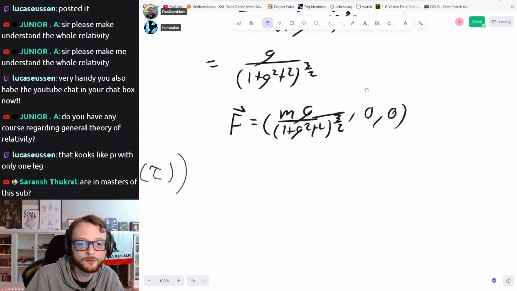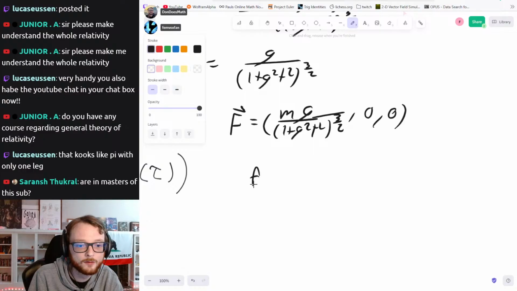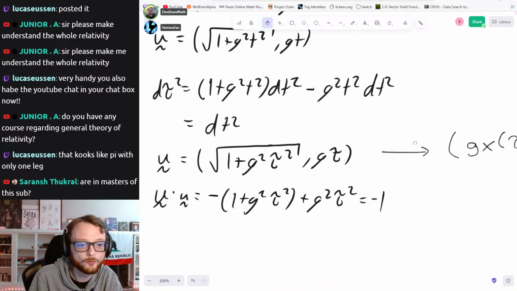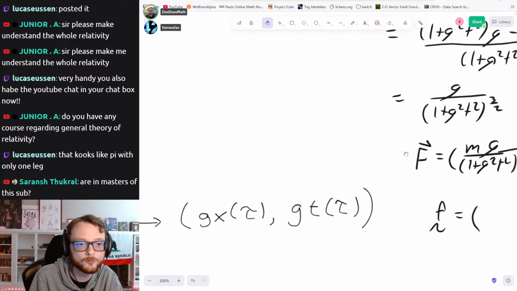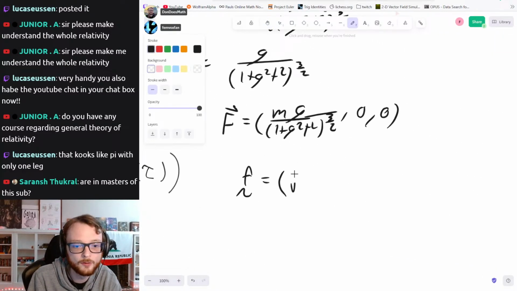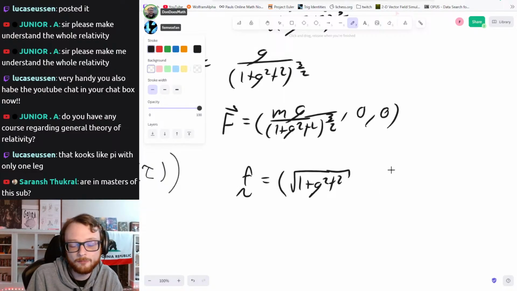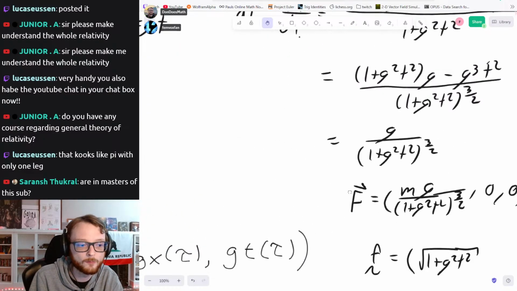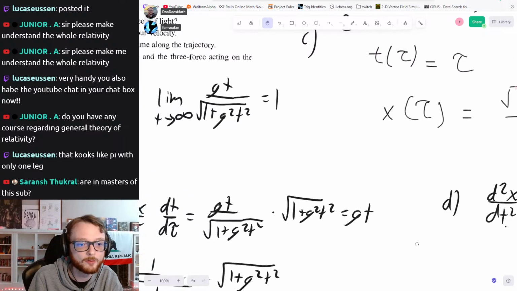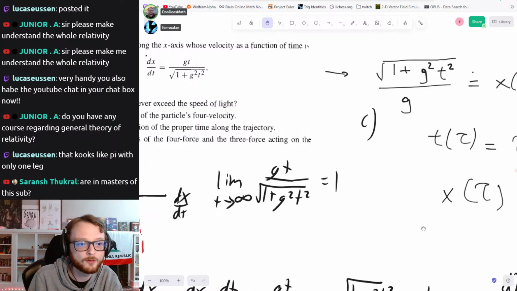Okay. So they use small f, right? Yeah. So gamma was root 1 plus g squared t squared. And then f dot v, we only have x components here. So we're just taking the thing we got for f, multiplying it by the thing in the original problem, the dx/dt.